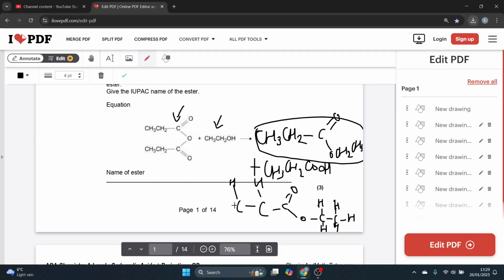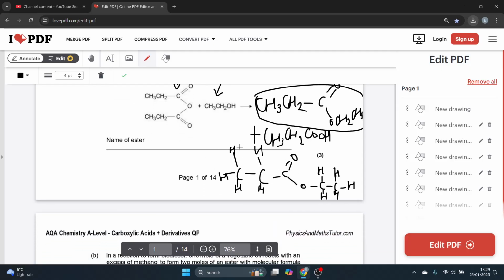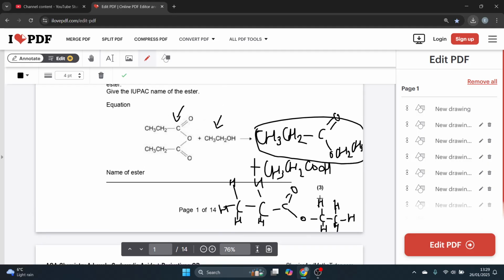The first part comes from the alcohol, which is this one, so ethyl. The second bit comes from the carboxylic acid, so it's going to be propyl. Not propyl, it would be propanoic acid, but because this doesn't have the OH, it's going to be propanoate.